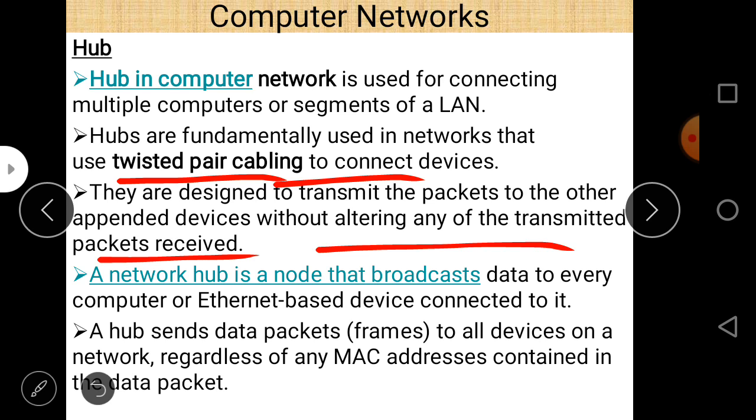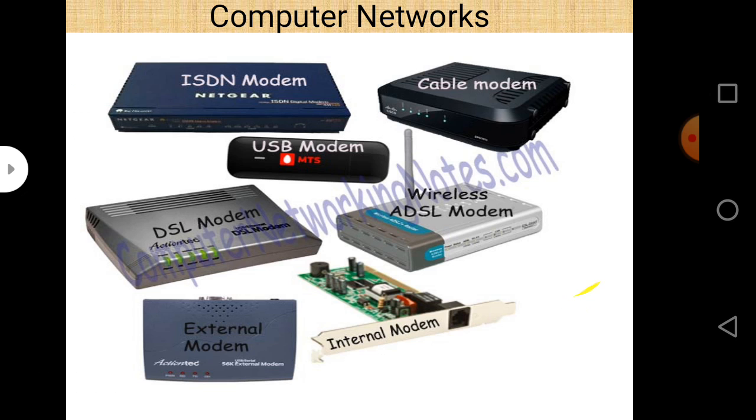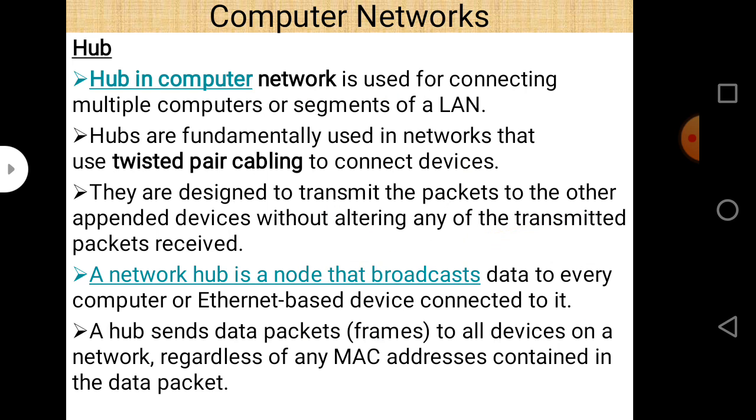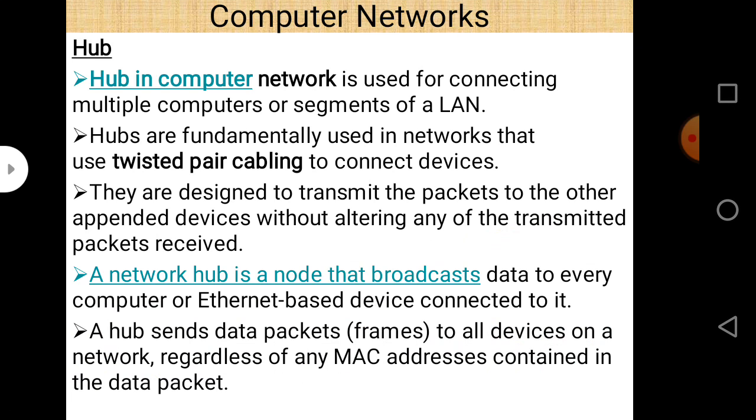A network hub is a node that broadcasts data to every computer or Ethernet based device connected to it. A hub sends data packets framed to all devices on a network regardless of any MAC address contained in the data packet.